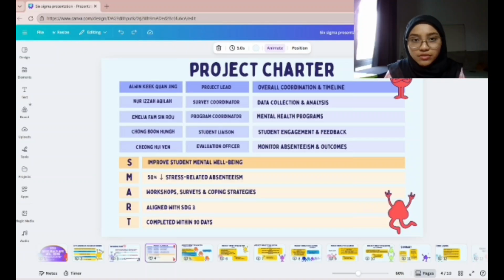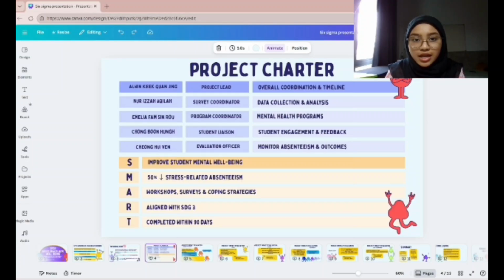This goal is achievable because we will implement targeted programs and coping strategies by utilizing existing university resources such as workshops, counseling service, and peer support initiatives.